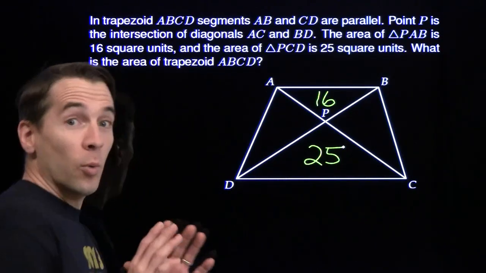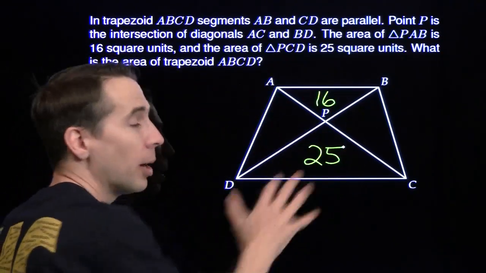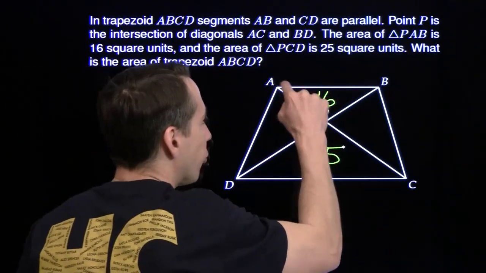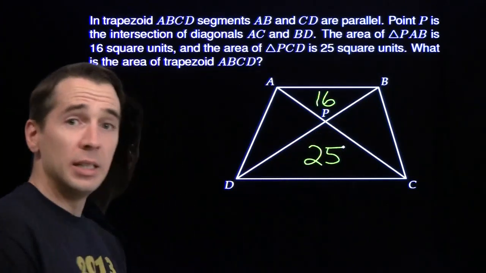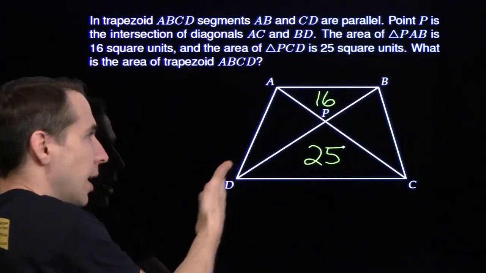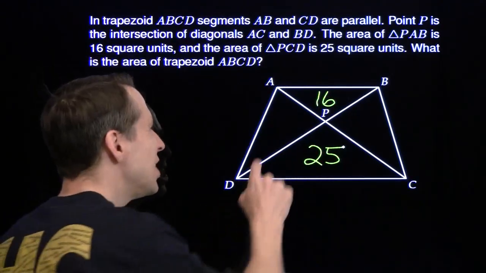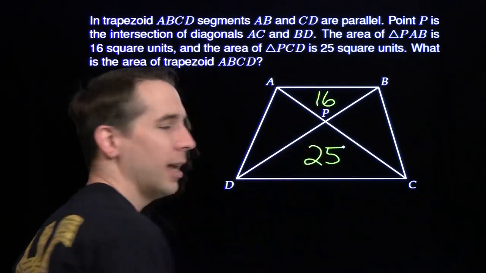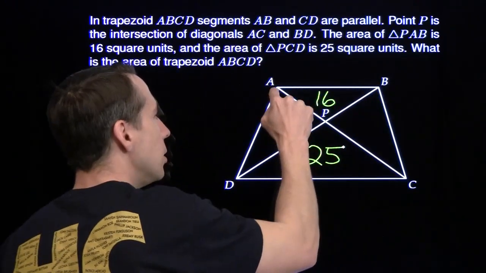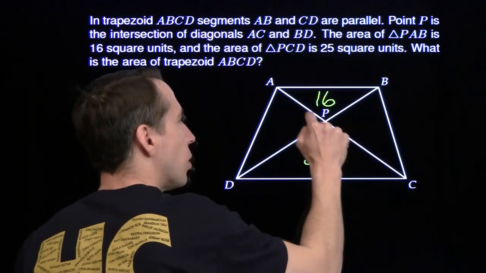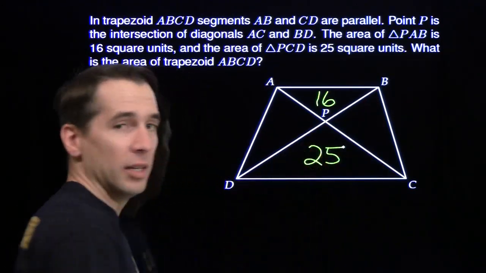It's time for one of my favorite geometry problem-solving strategies. Right here, we have a problem about areas. We have a couple of triangles that have sides, BP and PD, that are along the same line. Now check this out. Let's look at the areas of these two triangles. They share an altitude from A. And that means that the ratio of the area of this triangle to the area of this triangle is the ratio of this base to this base.